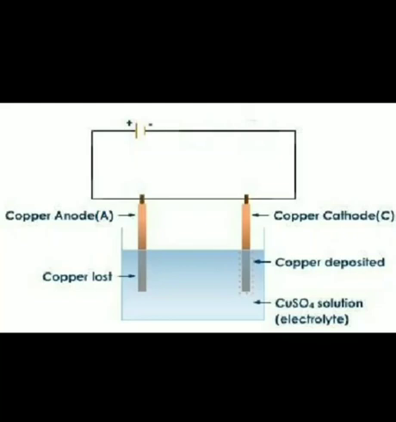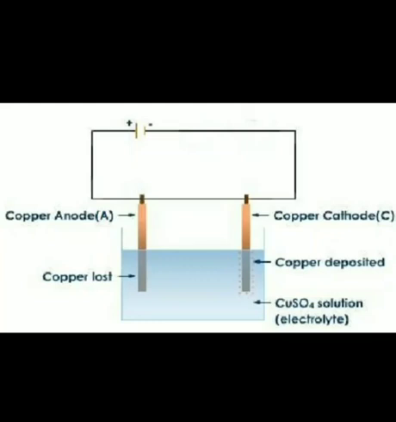So see here, both the cathode and anode are copper, that means active electrodes. And the electrolytic solution is copper sulfate plus water. So copper sulfate dissociates into Cu2 plus and SO4 2 minus, and water dissociates into H plus and OH minus.